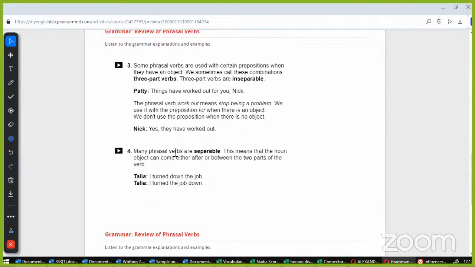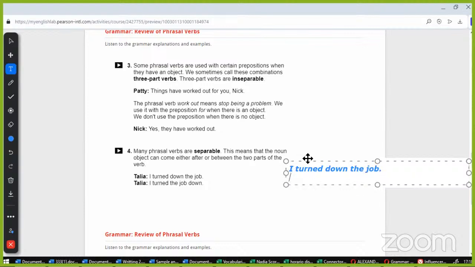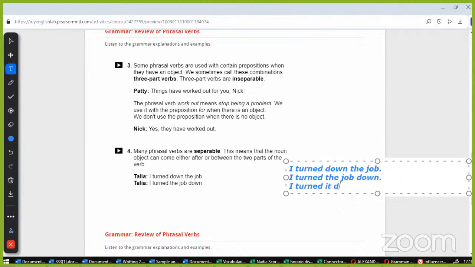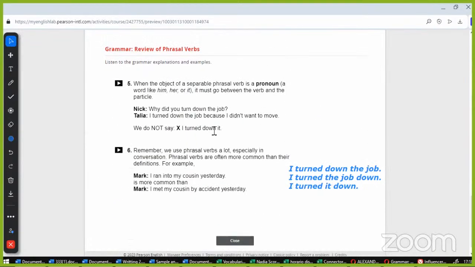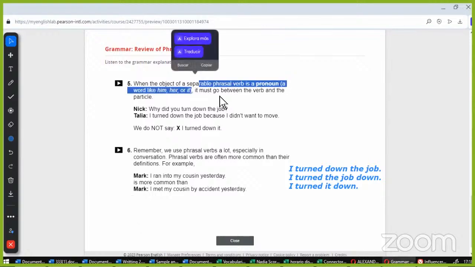And then you also have separable phrasal verbs like turn down the job or turn the job down, or I turn it down. In this case, if you use the pronoun, it must go between the verb and the particle.